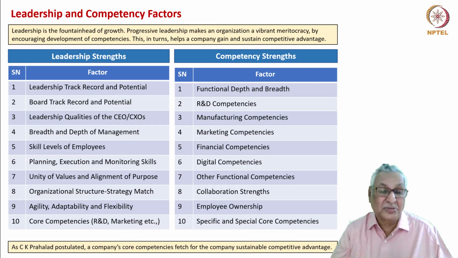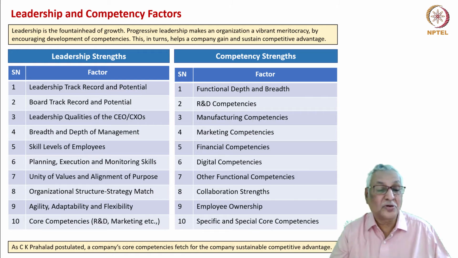While being systemically prudent and while being systematic and policy driven, companies also need to be agile, should be adaptable to changes, and have flexibility to course correct as required. And finally, the leadership strengths are in terms of the core competencies.